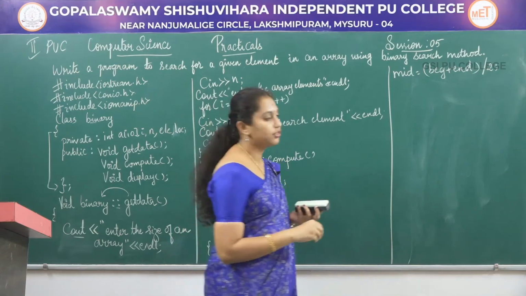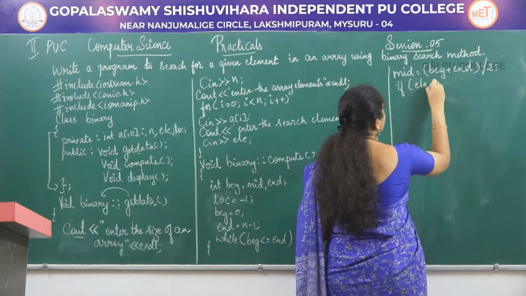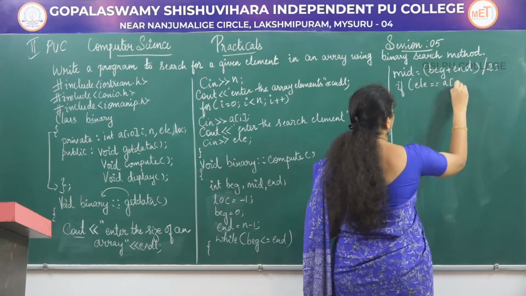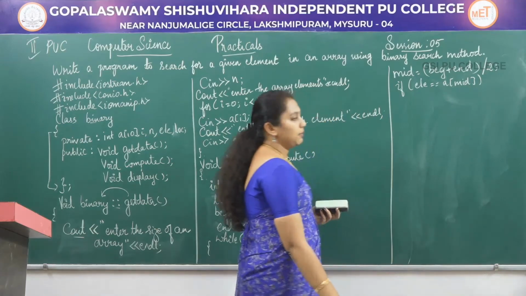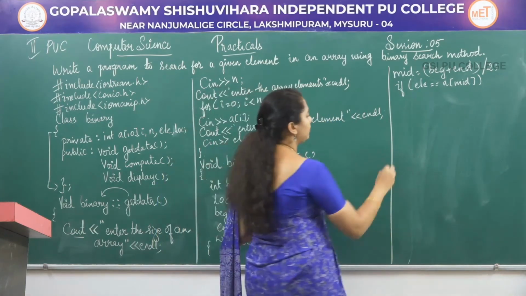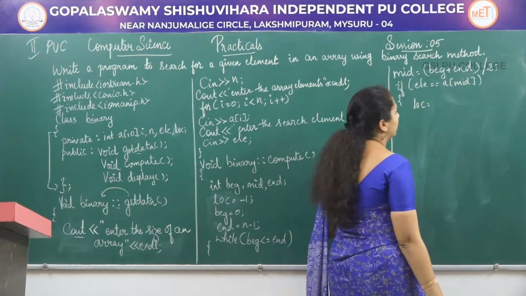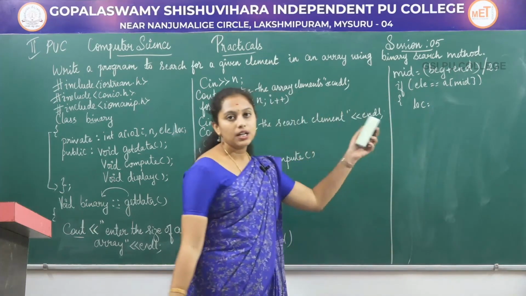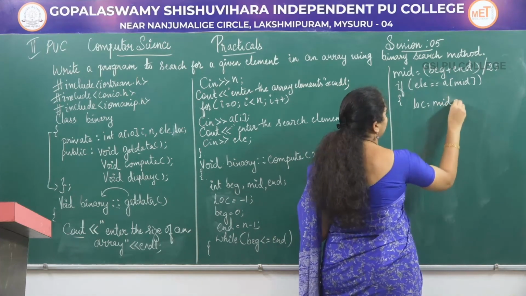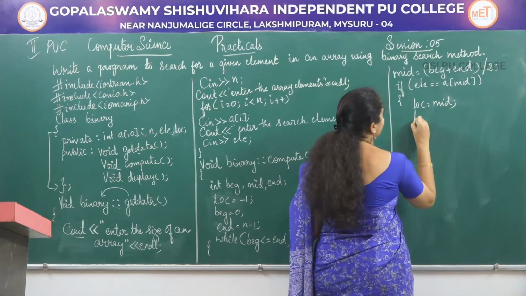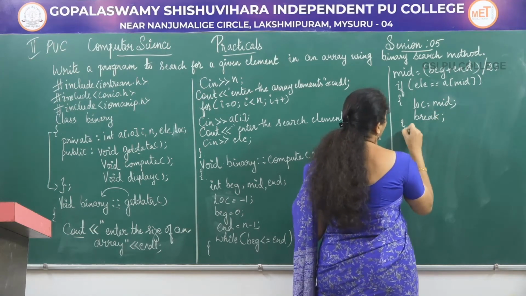Next we are going to check for the condition. If search element is equal to middle element of the array, then we are going to consider the location of that position. That is, location is equal to middle, then we are going to come out of this loop.